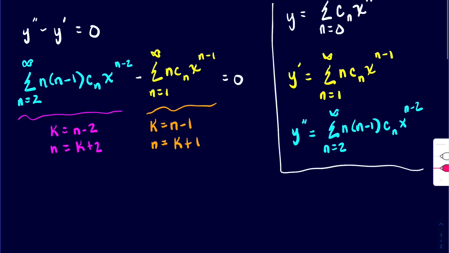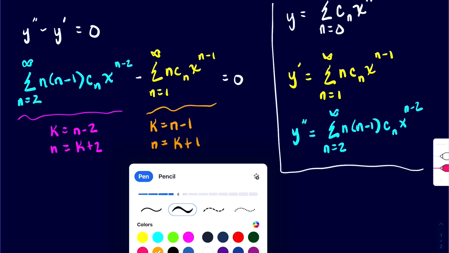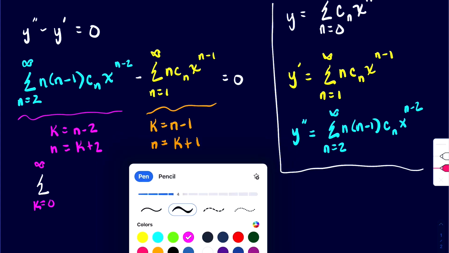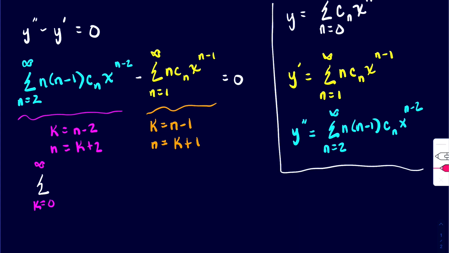So rewriting these summations, when n is equal to 2, then k is equal to 0. So this will start now from 0 and go to infinity. And then we will have n, which in this summation is k plus 2. I'm going to write everything in terms of k.